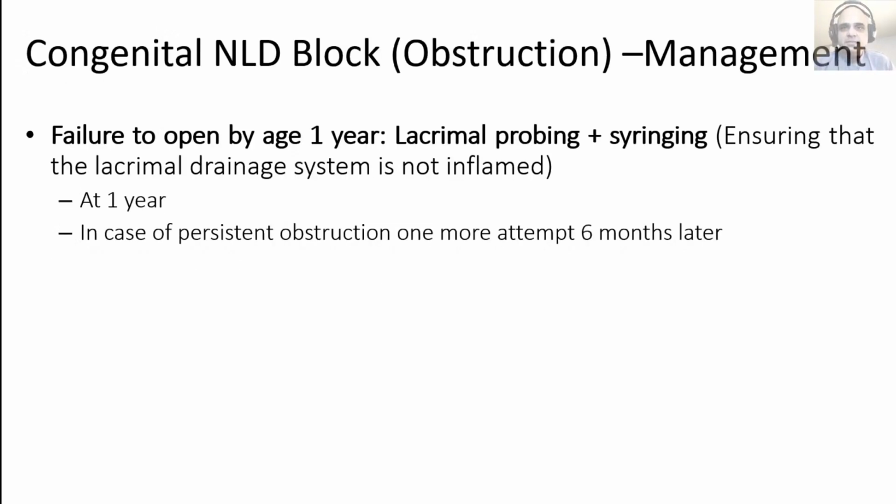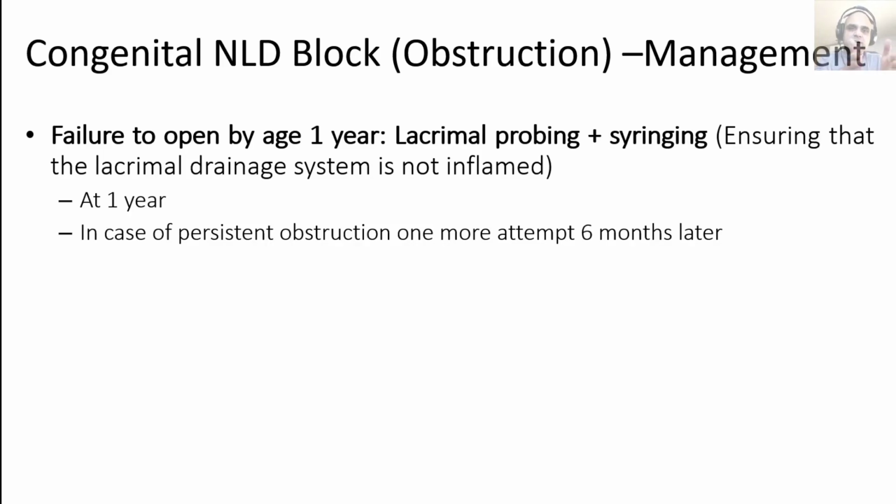What happens if by 1 year of age nothing works? At 1 year of age, at 12 months, what you do is something called probing and syringing. Before you do a probing and syringing, you need to ensure that there is no active inflammation in the eye. If it fails, you do another one 6 months later, at about 18 months of age.